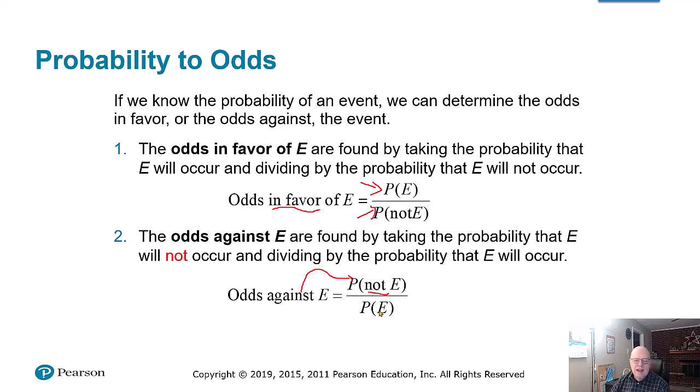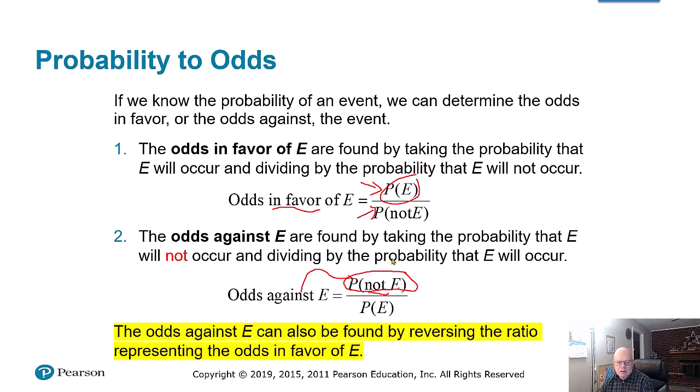And there's the odds against. In favor, E goes on the top, against, not E goes on the top. All you need to do to go from one to the other is just reverse the ratio. Turn it upside down or left to right, whichever way you happen to be describing your odds.